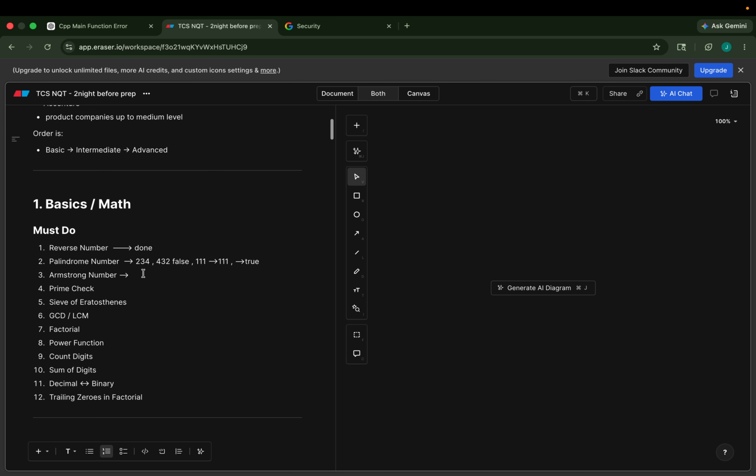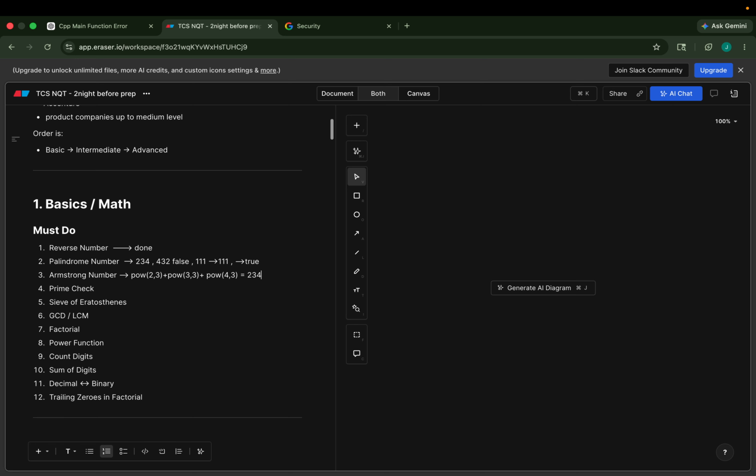So 2 raised to the power 3, since 2 3 4 has a length of 3, plus the next number, 3 to the power 3, and then 4 to the power 3. If this is equal to 2 3 4, then our number is an Armstrong number.